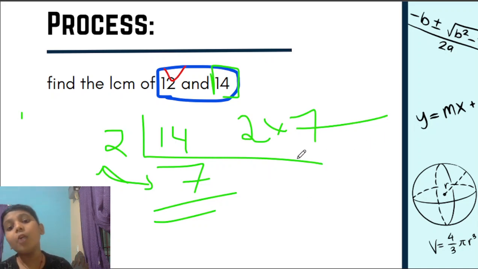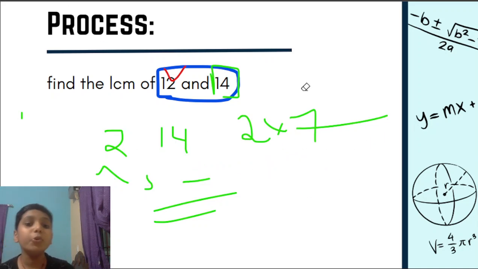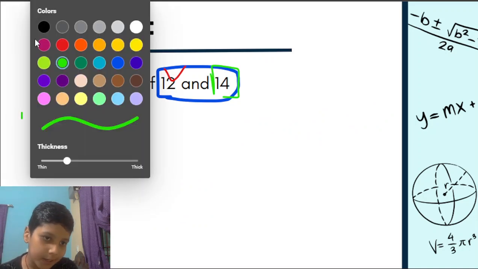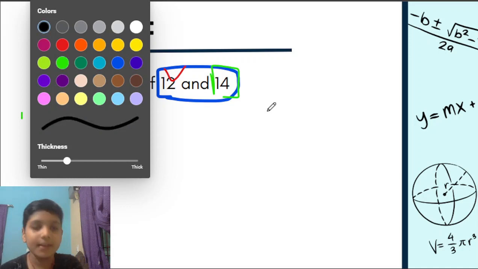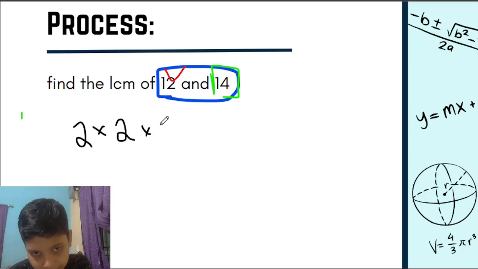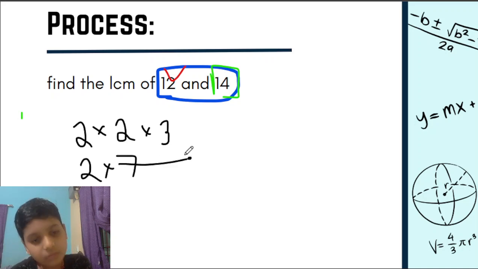Alright, now in the next step what you need to do is find the common among them. Let me take black. So first of all, what we have found out: 2 into 2 into 3, then 2 into 7. Now next comes the crucial step.